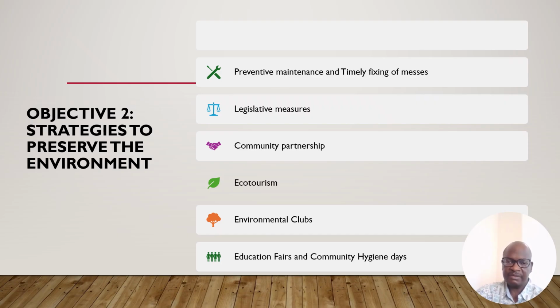In schools, we can have environmental clubs right from elementary to high school. You students are in a good position to champion environmental preservation. We can also have educational fairs and community hygiene days, where members of the public are invited to participate in matters to do with the environment.